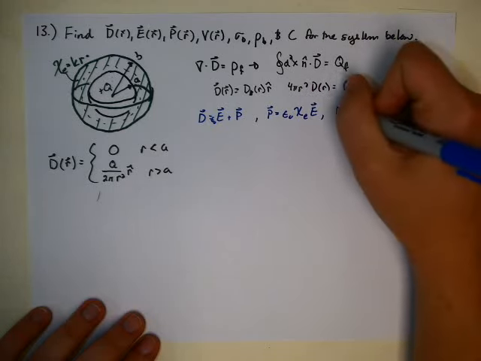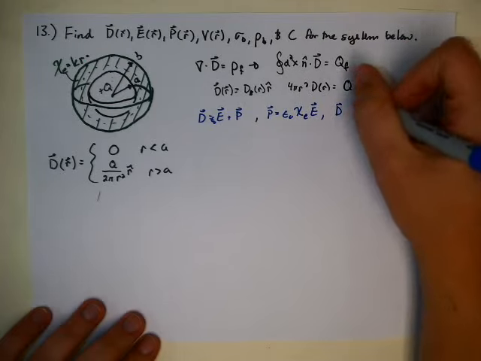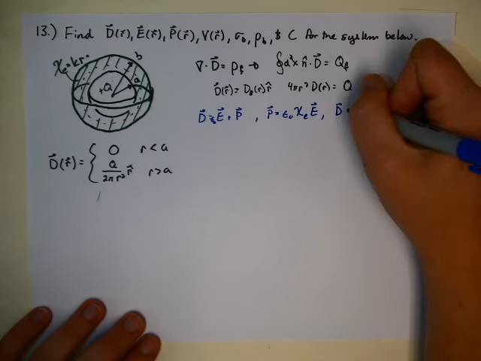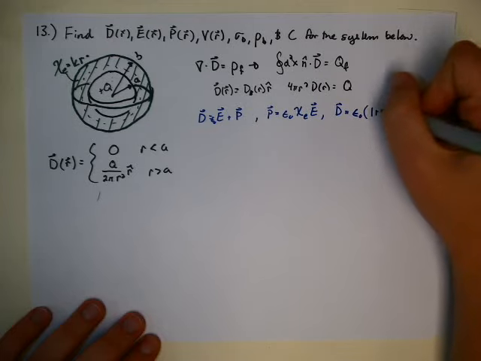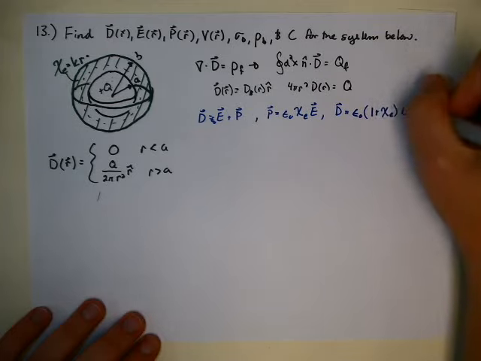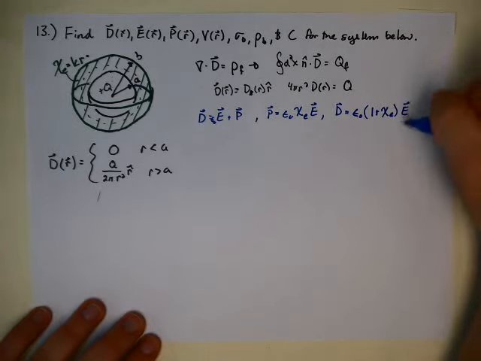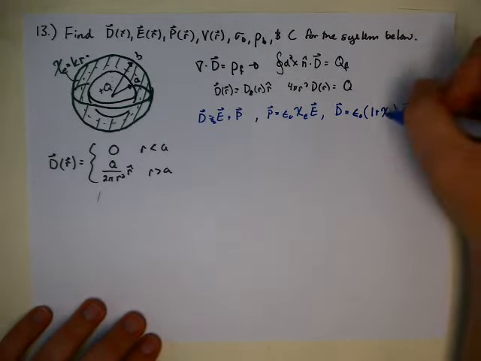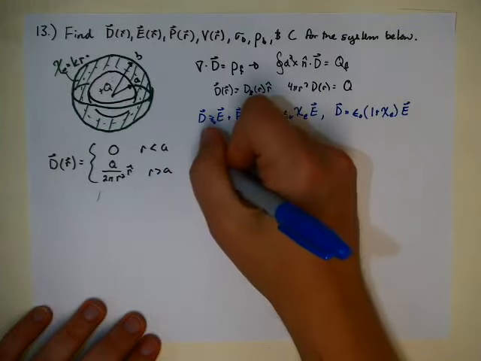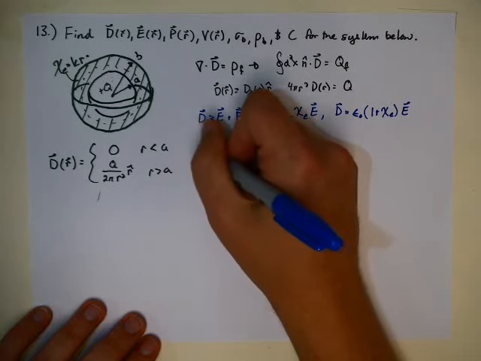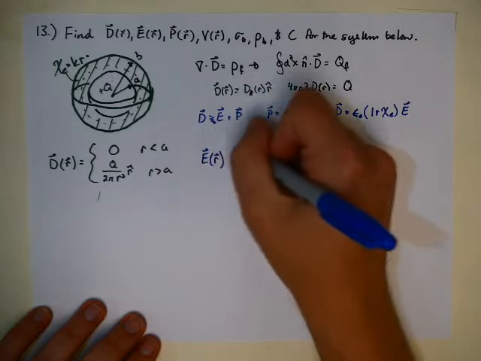Plugging that in gives that the displacement field is equal to epsilon naught times 1 plus chi e times the electric field. So for the electric field we just divide by epsilon naught and by 1 plus chi e. Chi e is just kr, and so that's going to give us a piecewise function for the electric field.